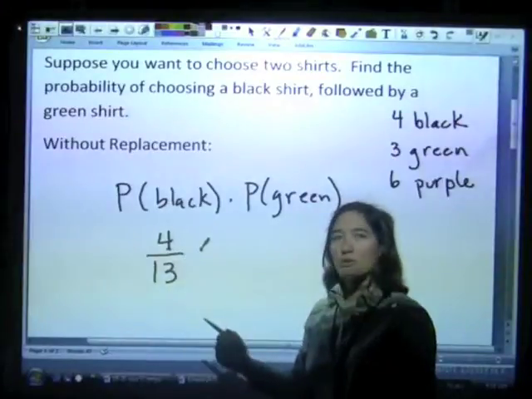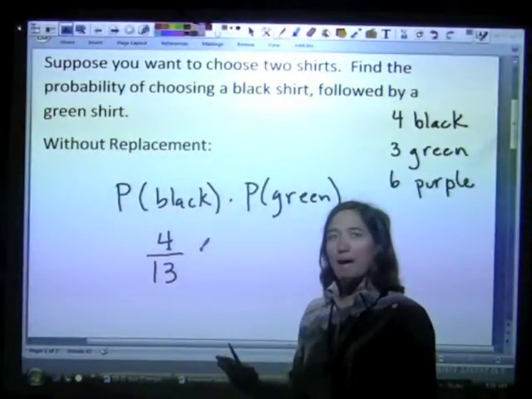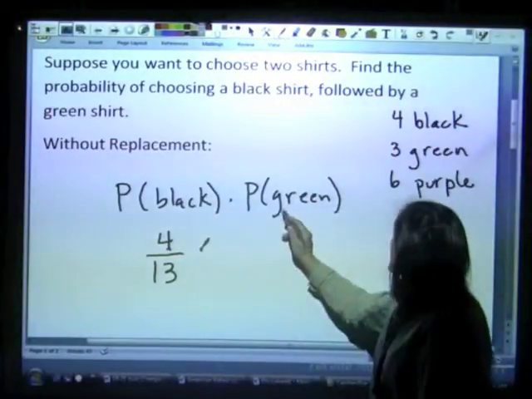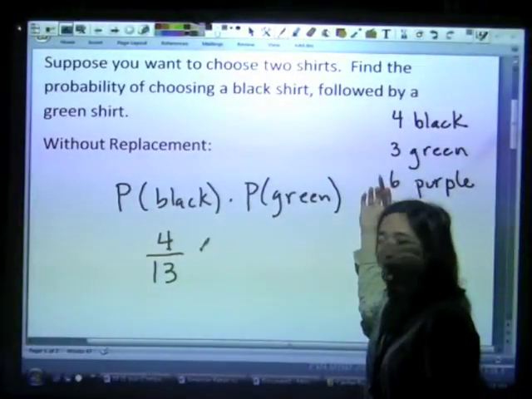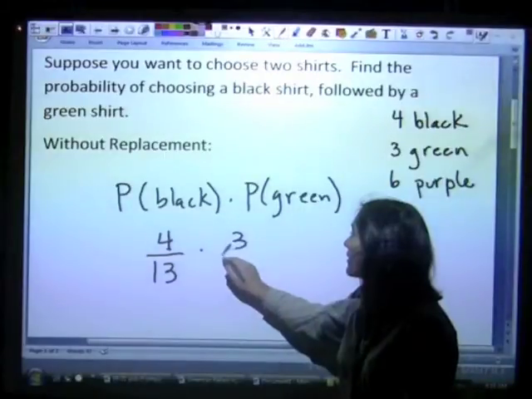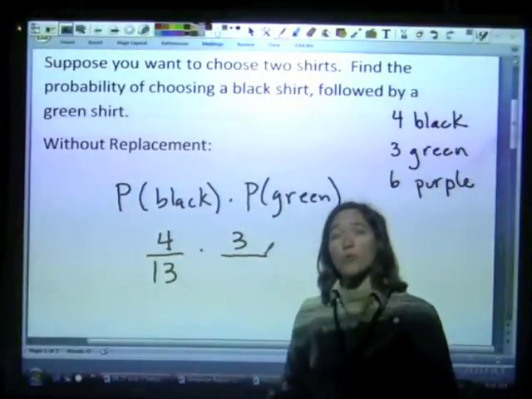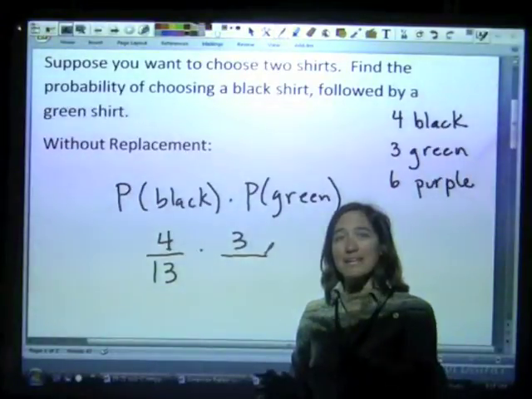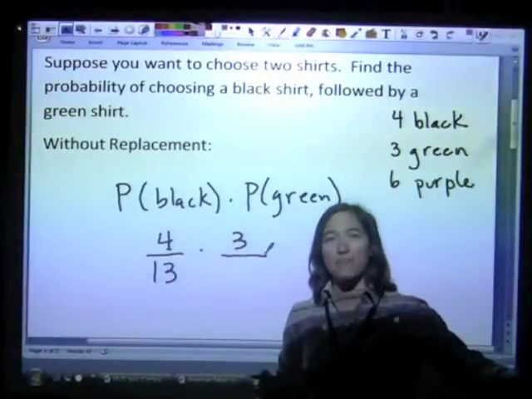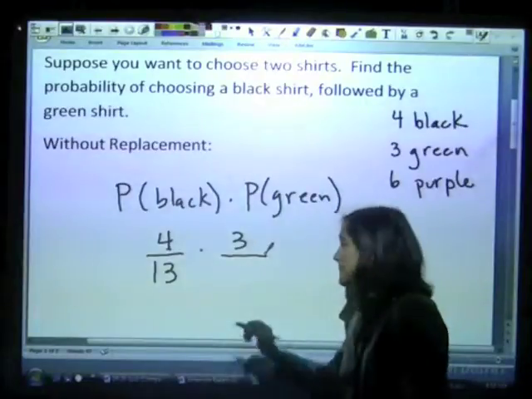I take the black shirt out of the drawer and I don't put it back. There are still 3 green shirts in the drawer because I haven't taken any of the green shirts away. But my total number of possibilities is reduced from 13 down to 12 because of that black shirt that I removed.